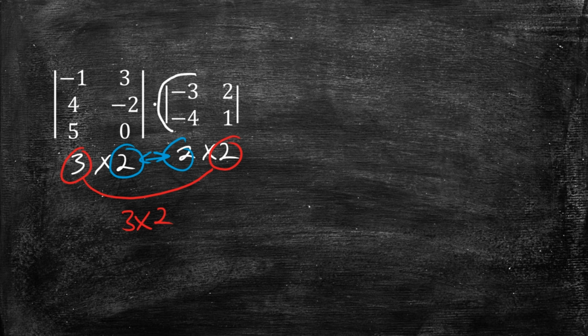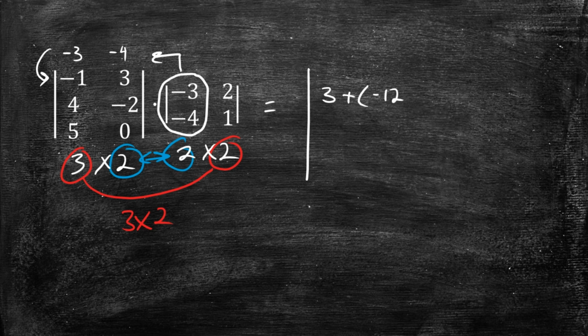So what we're going to do is take the first column in the second matrix and plop it over our first matrix here. So we got -3 and -4. Now what we do is we take -3 times -1, which is +3, plus -4 times 3 is -12, like that.